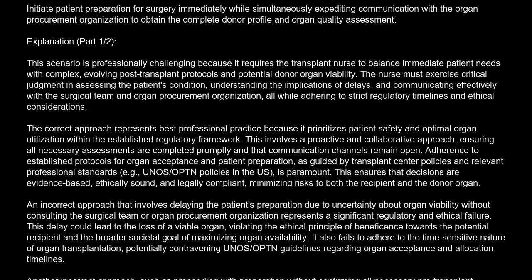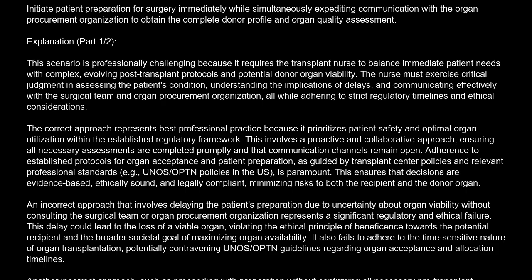This involves a proactive and collaborative approach, ensuring all necessary assessments are completed promptly and that communication channels remain open. Adherence to established protocols for organ acceptance and patient preparation, as guided by transplant center policies and relevant professional standards, e.g. UNOS/OPTN policies in the U.S., is paramount.